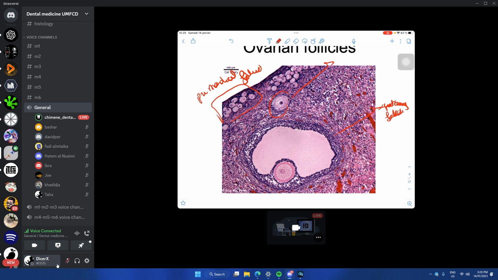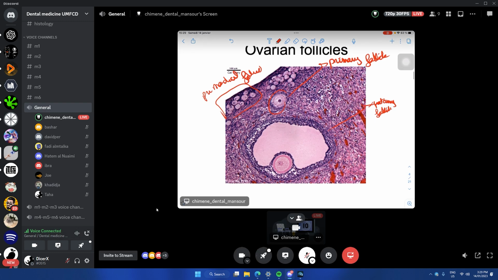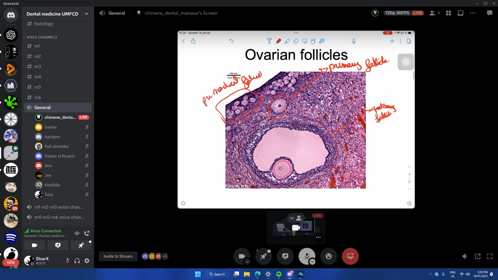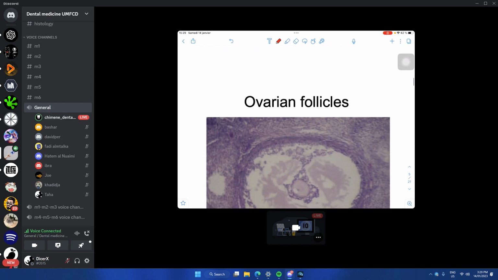Here you have a primary follicle. They will not exaggerate so much if it's primary or secondary follicles, but they will mostly if it is a quaternary or tertiary follicle. Primordial follicles are always located in the periphery of the ovaries, because they're like primordial germ cells, kind of.